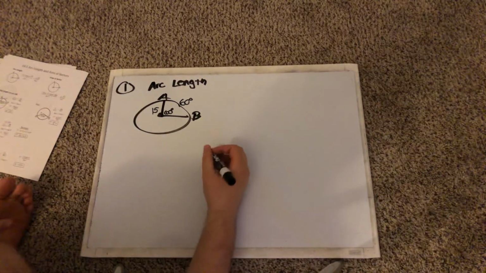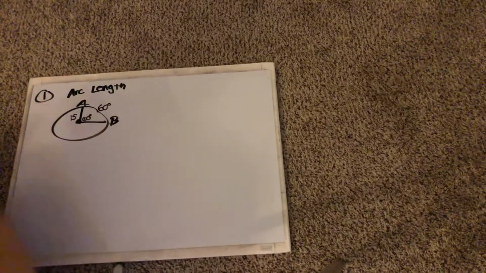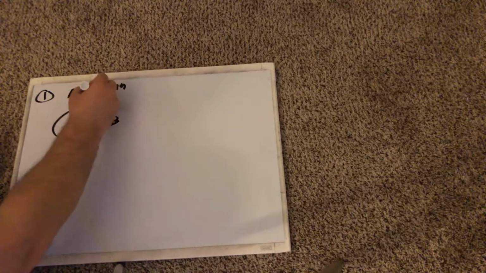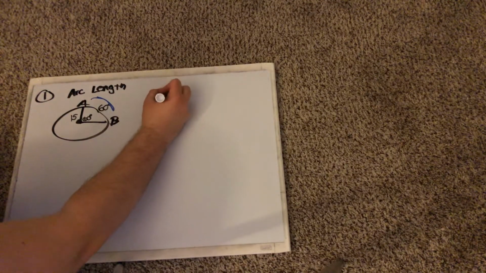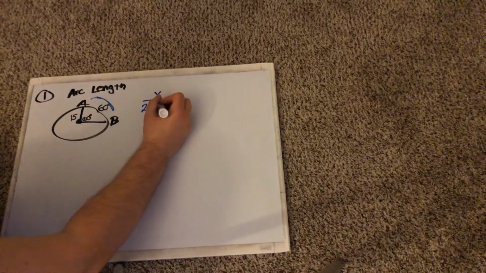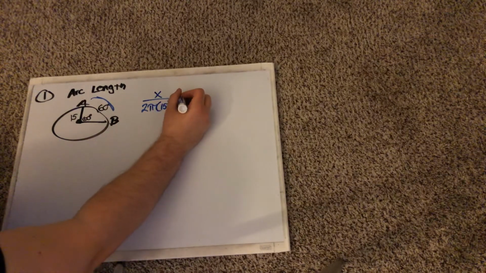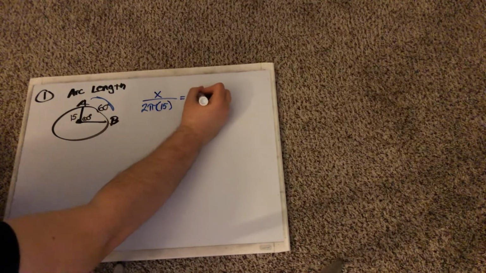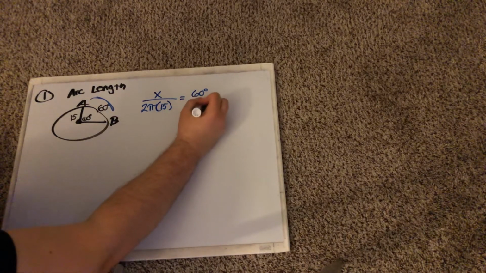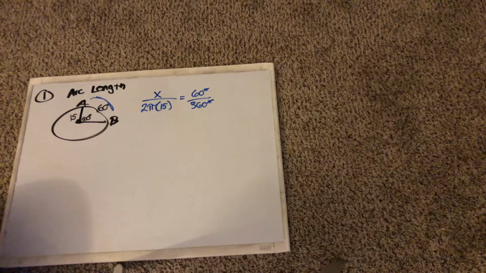We're going to set this up by saying we don't actually know this arc length, so we're going to call that x, over 2 pi r, the whole circumference, so 15, equals 60 degrees out of 360 degrees. The degrees cancel out automatically, which is pretty nice.